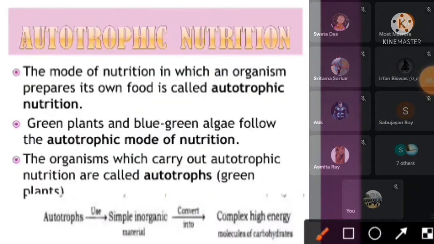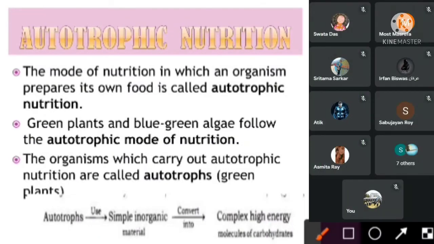Autotrophic nutrition means the mode of nutrition in which an organism prepares its own food. When any organism prepares its own food, this mode of nutrition is known as autotrophic nutrition.